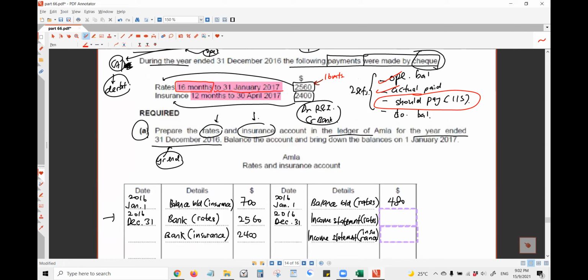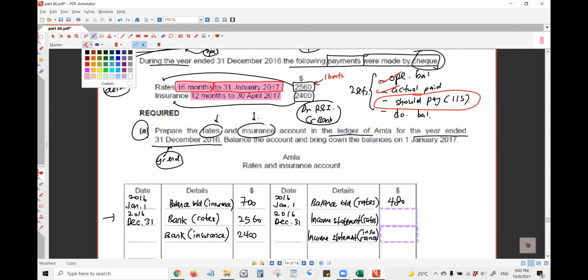To a certain date means what? To 31st January 2017 means this payment of rates has covered all the months until 31st January 2017. AMLA has paid for rates all the way until 31st January 2017.